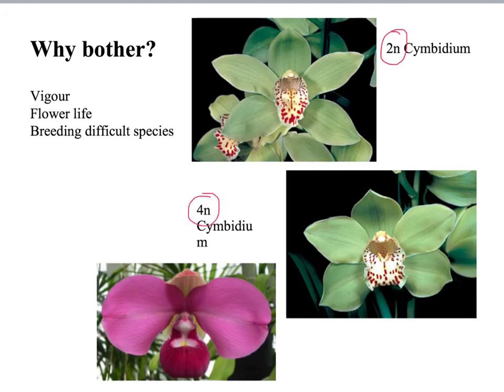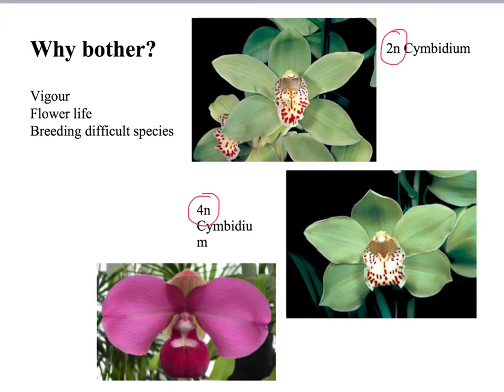We can see there are some considerable differences in the size and the shape of the flower. Polyploidy tends to produce much thicker, stronger flowers, and they're worth extra money to the grower because, being that thicker and stronger, they transport better, they don't get damaged during transportation, and they also last better in the vase. So they are much more desirable.